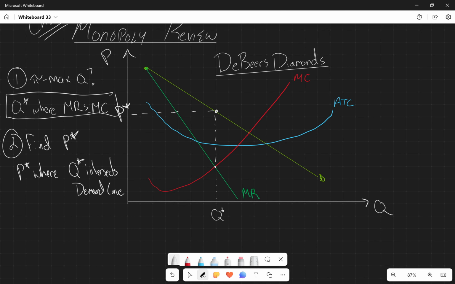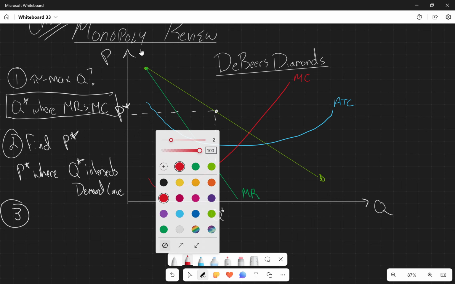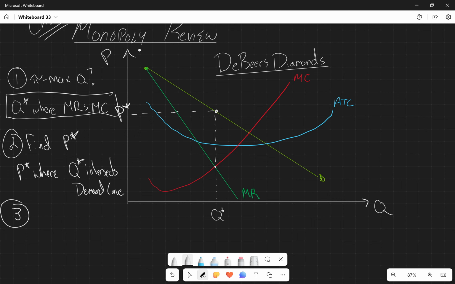And then our last step is similar to what we did last time, right? Where we figured out our total revenue rectangle, we figured out our total cost rectangle, and then we figured out our total profit rectangle, right? So our total revenue rectangle is going to be this thing right here.